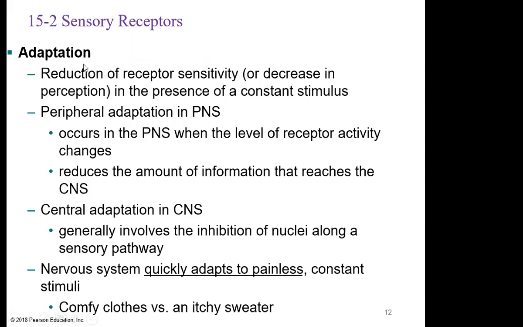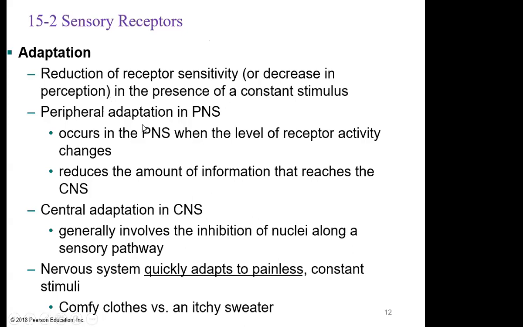Okay, and then here's the information about adaptation. So for adaptation, we're either going to have a reduction of the receptor sensitivity, kind of like what we just talked about with the odor. So that's a reduction of receptor sensitivity, or that decrease in perception that I was talking about with pain whenever you're in the presence of a constant stimulus.